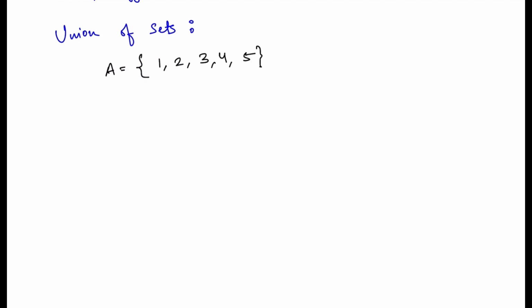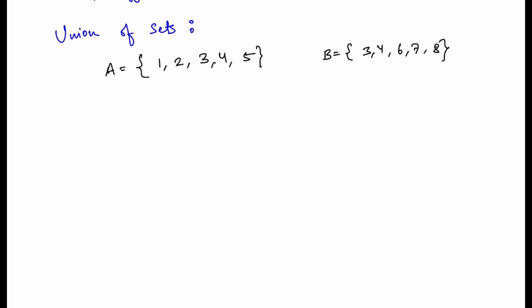A has 5 natural numbers, 1 2 3 4 5. B has other natural numbers, so B has elements 3 4 6 7 8. A has elements 1 2 3 4 5.